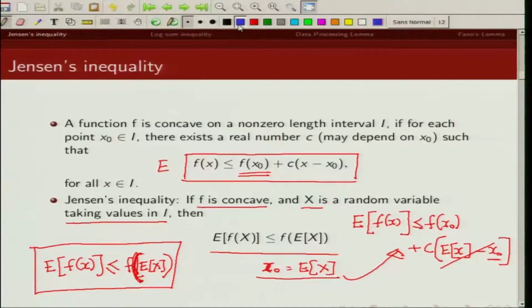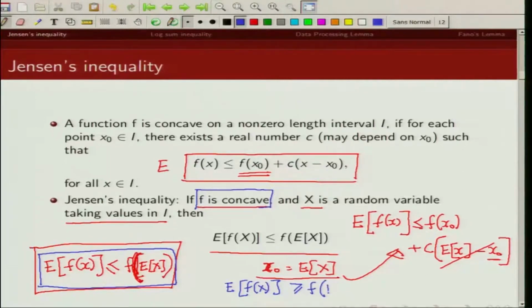So if f is concave, this relation holds. Similarly, if the function f is convex, we can show that the expected value of f of x is greater than or equal to the function evaluated at the expected value of x. The proof is very similar. So this is our Jensen's inequality.